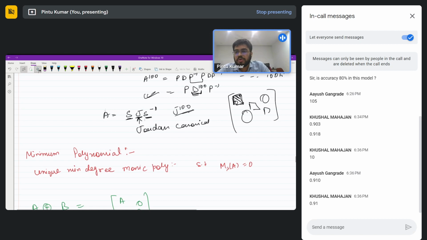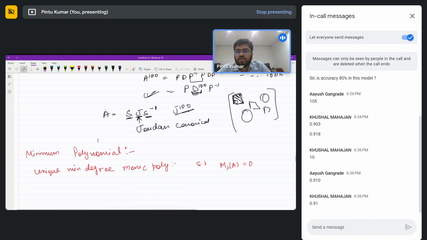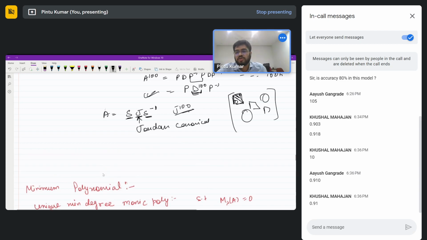So we'll just talk about a few things here before going to Jordan canonical form. First thing is known as the characteristic polynomial. What was the characteristic polynomial? We did it while doing eigenvalues and eigenvectors. Let's say A is your matrix.